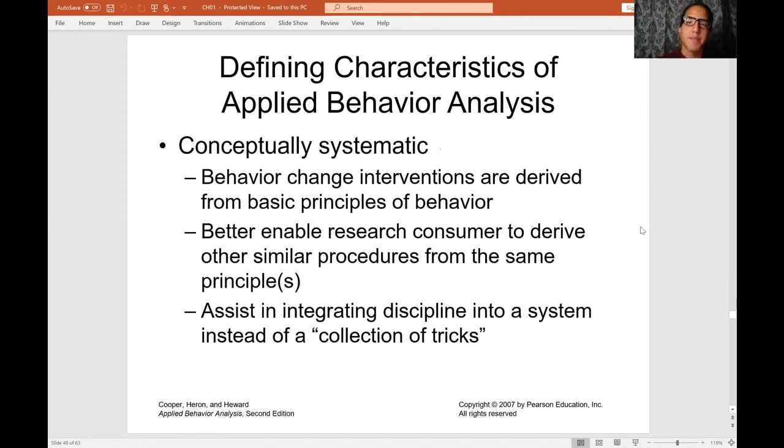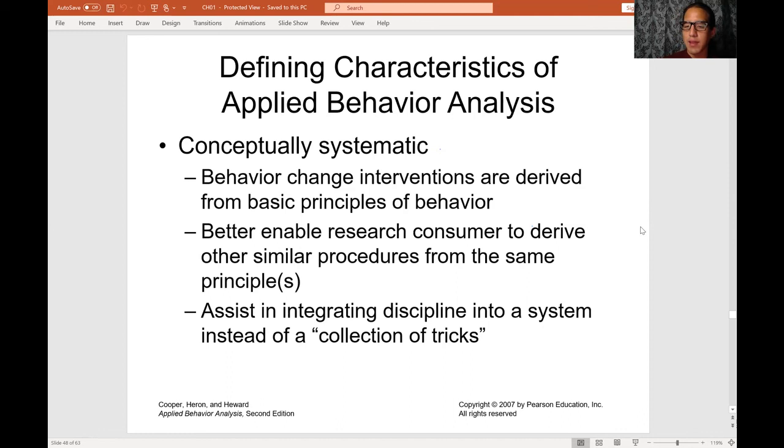Conceptually systematic. Behavior change interventions are derived from the basic principles of behavior to better enable research consumers to derive other similar procedures from the same principles, and assist in integrating the discipline into a system instead of a collection of tricks. So what we're saying here is that the behavior interventions that are used are derived from the principles of behavior, right? We're not trying to reinvent the wheel every time we go into a case.